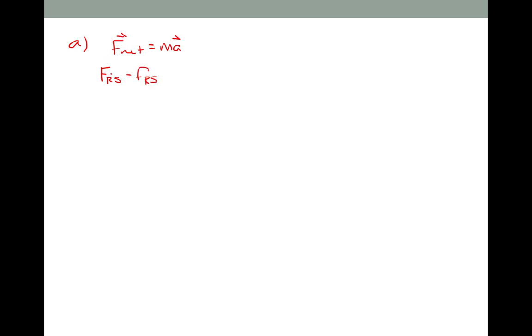So remember that the force from the rocket on the sled was in the direction of the motion, in my positive direction, so therefore I put it down and then subtracted off the force in the other direction, which is friction. That has to equal ma. And now I can plug in numbers. 2.4 times 10 to the 4th newtons minus 650 newtons is 2,100 kilograms times the acceleration.